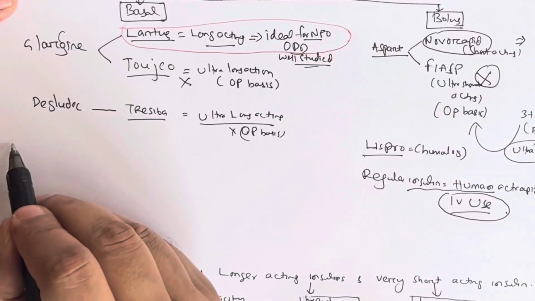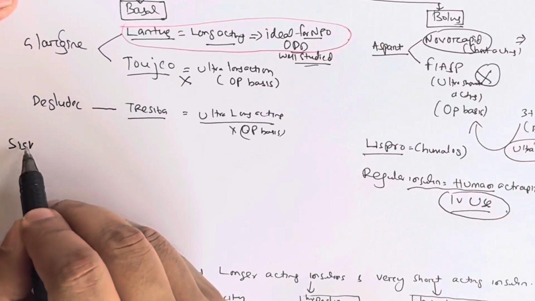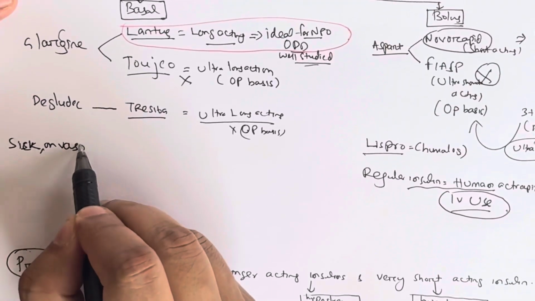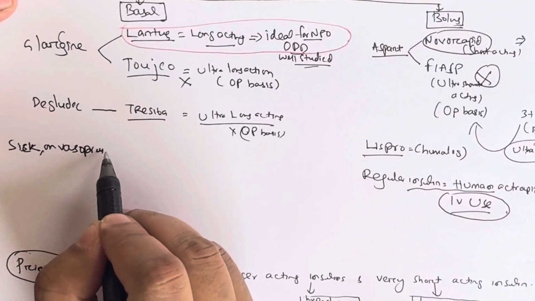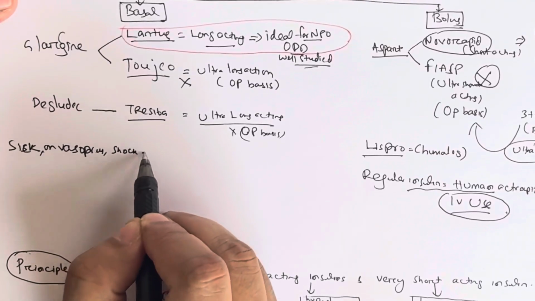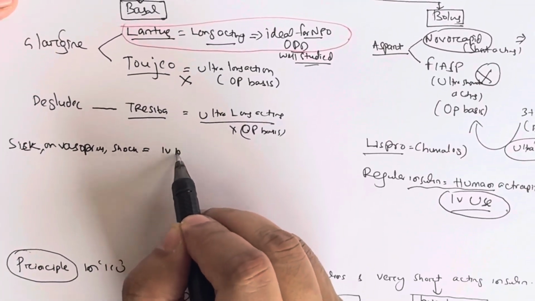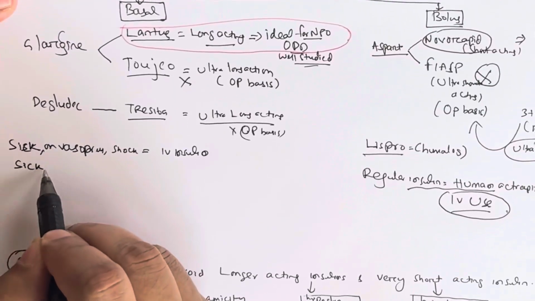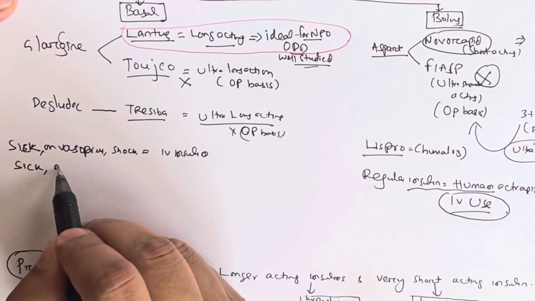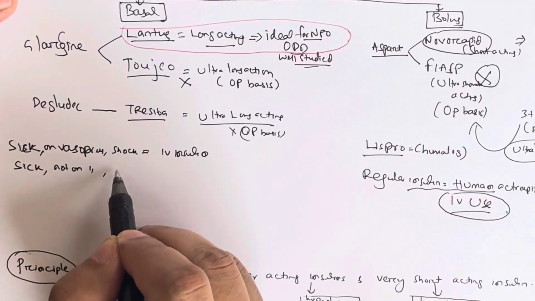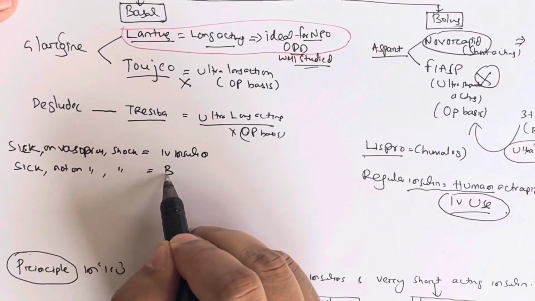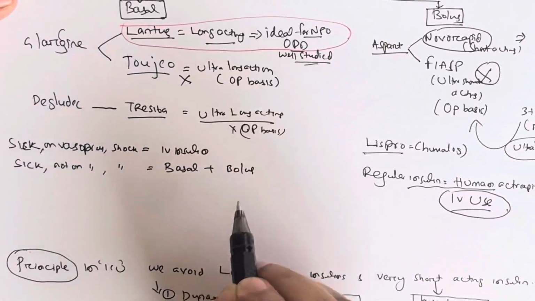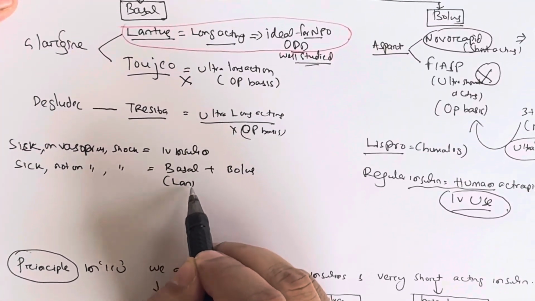So the patient is sick, on vasopressor, in shock: give IV insulin. The patient is sick but not on vasopressor or not in shock: use basal plus bolus. In the basal, use Lantus.